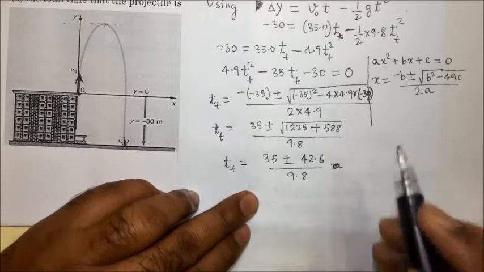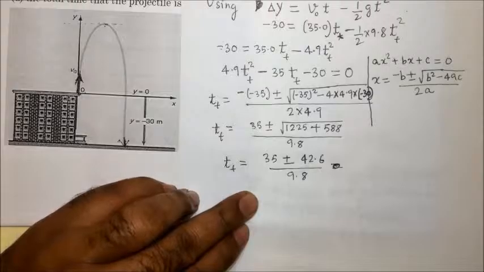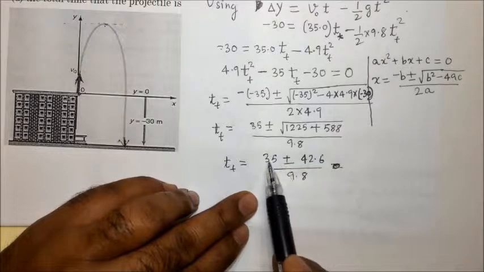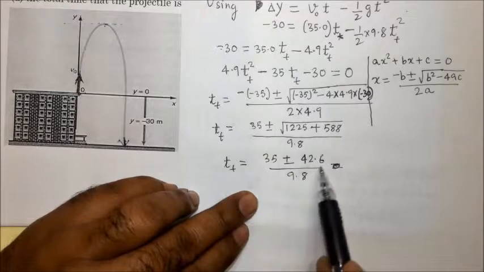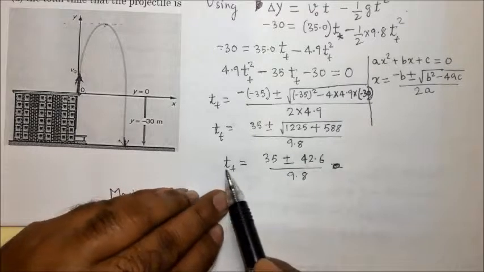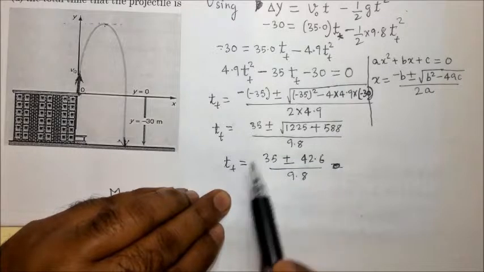Now we have to make a decision. Should we take plus or minus? If we take plus, the whole thing on the top, 35 plus 42.6, it comes a positive number. Since time is always positive, we can accept that solution.